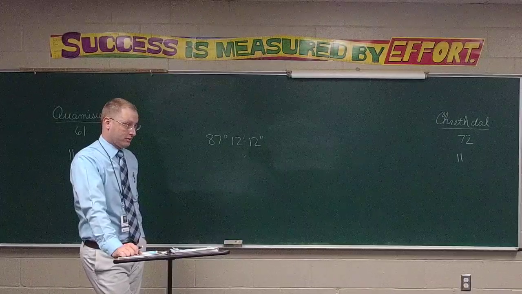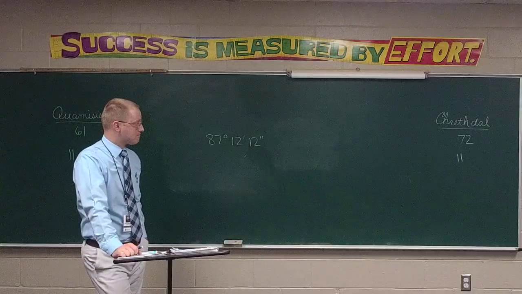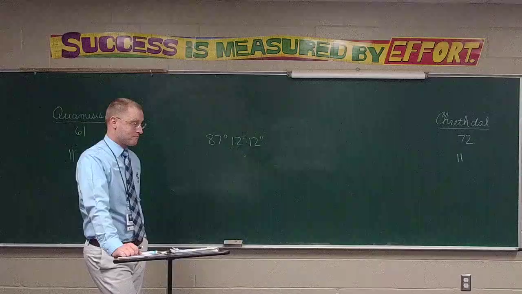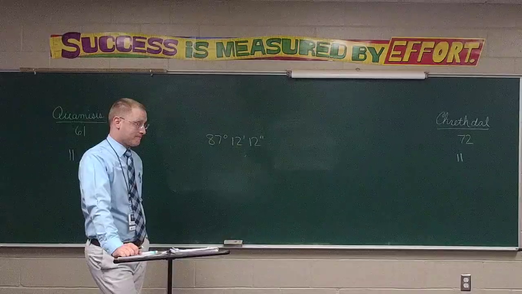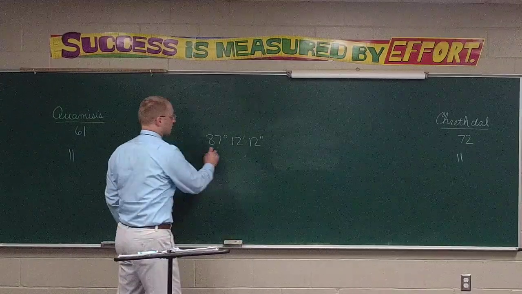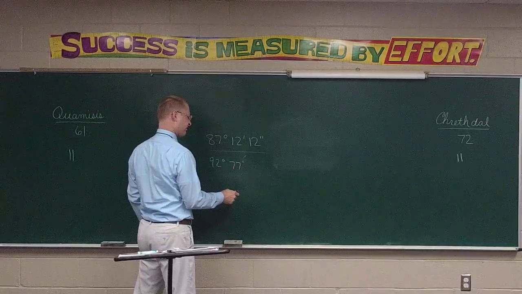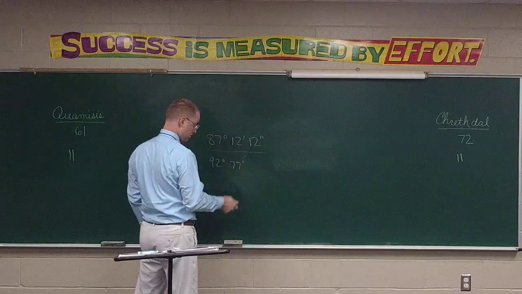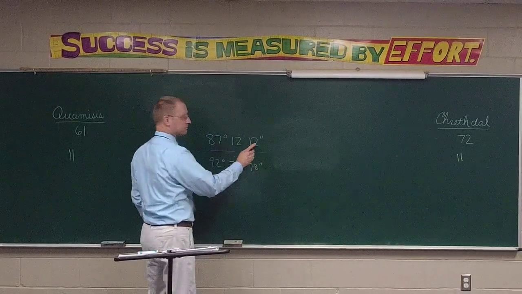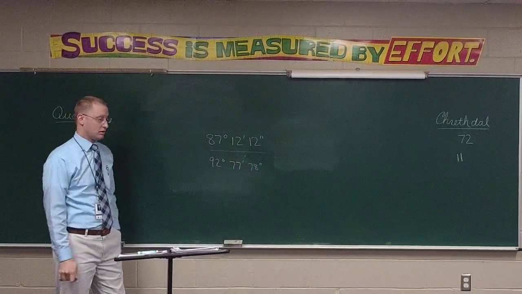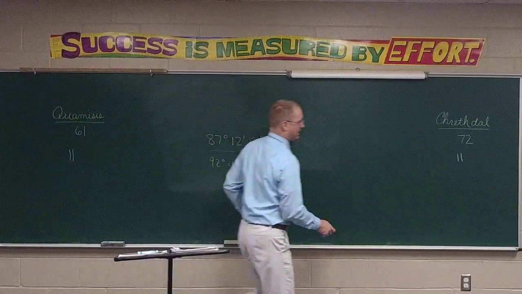What do you have, Ethan? 92 degrees, 77 minutes, and 78 seconds. That is not correct. Next two. 92, 47, 48. There we go. 92, 47, 48 would have been the correct answer.